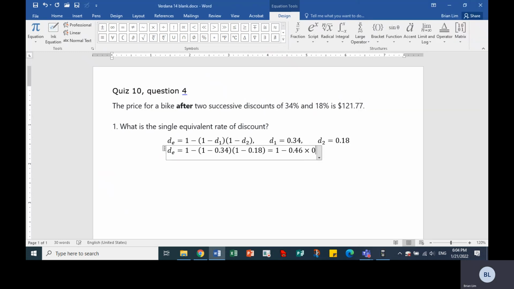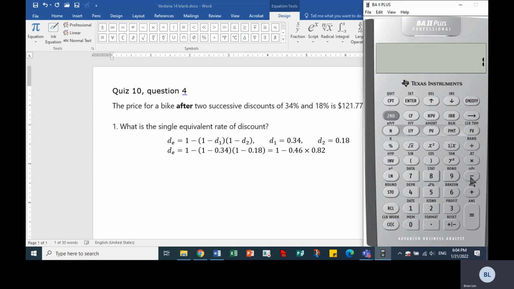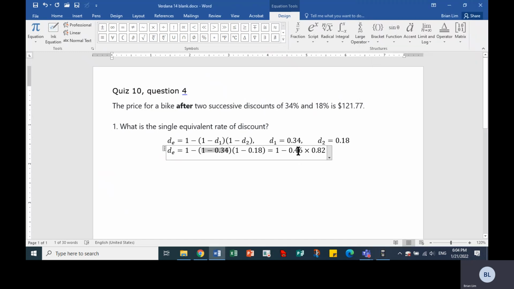So there we go, that should be 0.66 times 0.82.